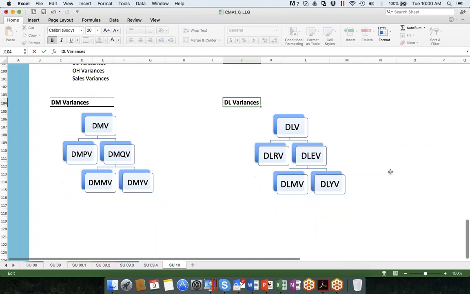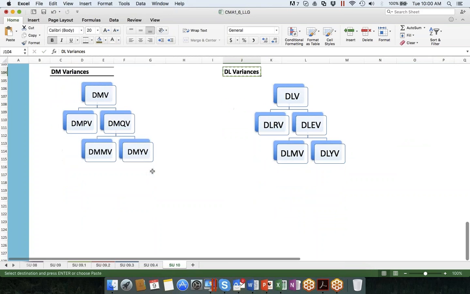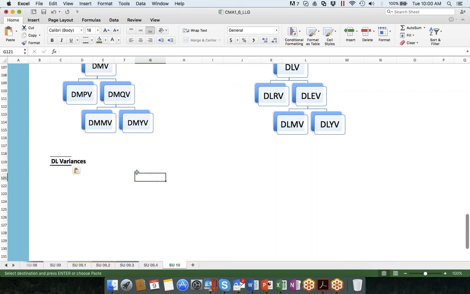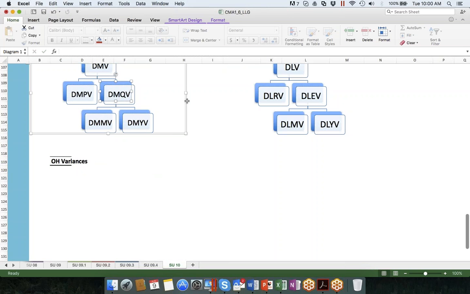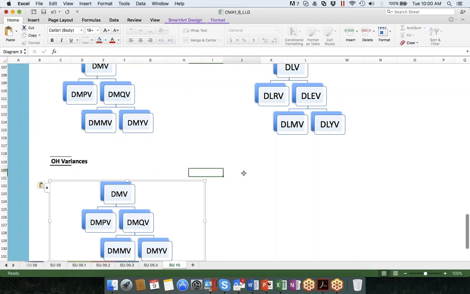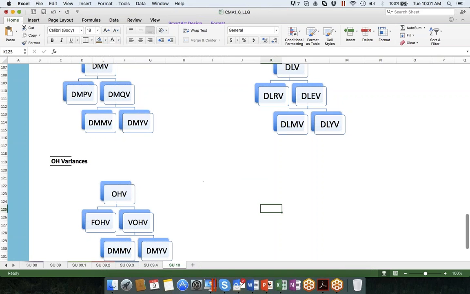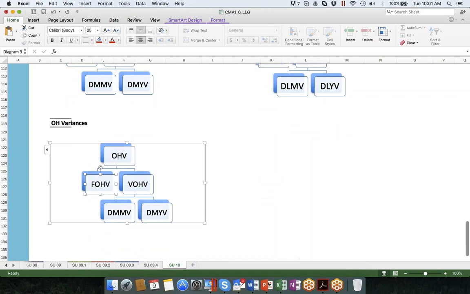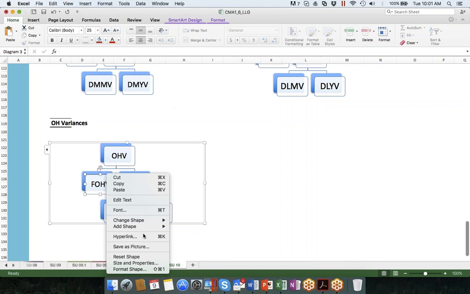Then you have overhead variances. Overhead variances are further classified into fixed overhead variances and variable overhead variances.